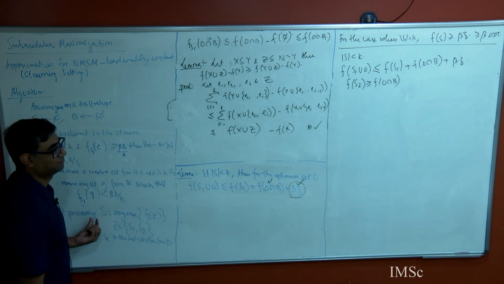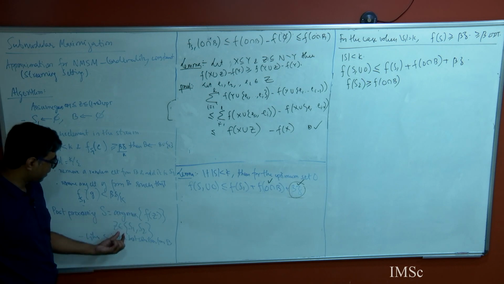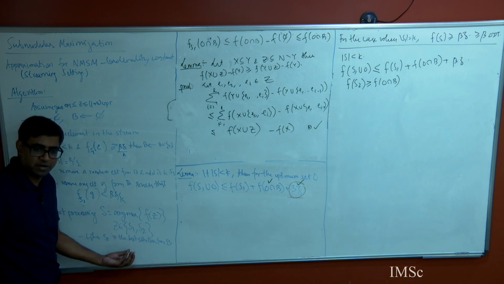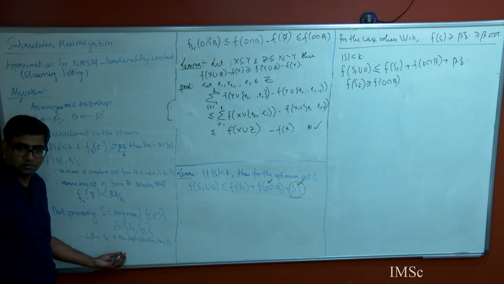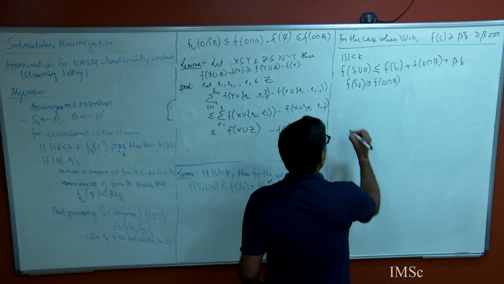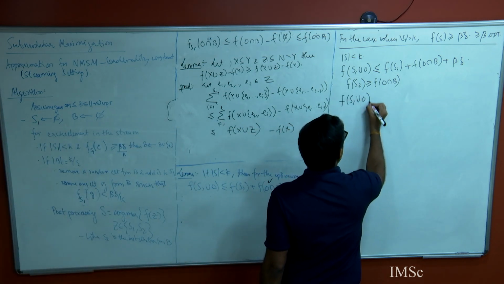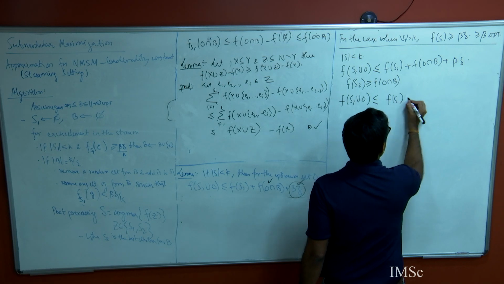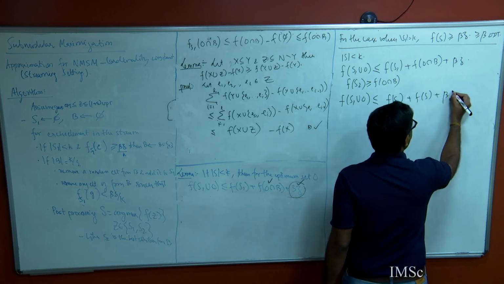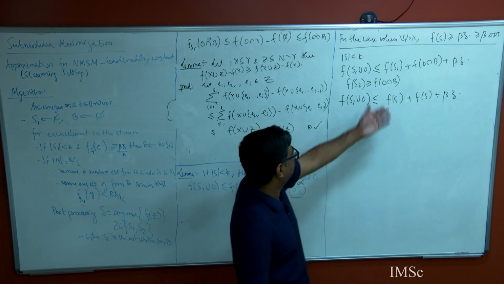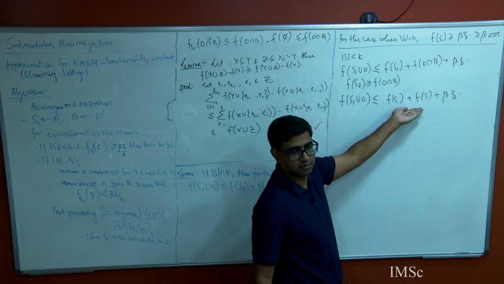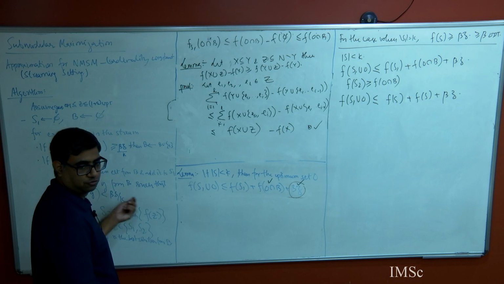Because S is the maximum of S1 and S2, where S2 is the best solution from B, and O intersection B is contained inside B. So I can write f of S union O is less than or equal to f of S plus f of S plus beta Z, because f of S1 is also less than f of S, and f of O intersection B is also less than f of S, where S is the best of these two solutions.